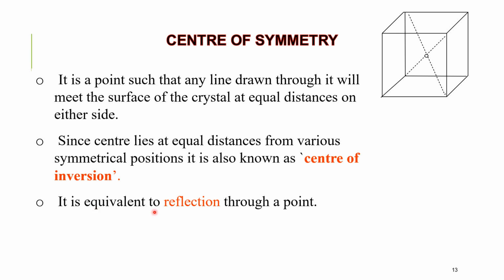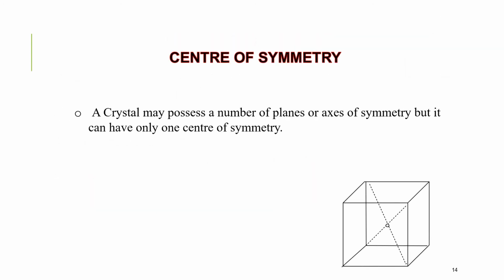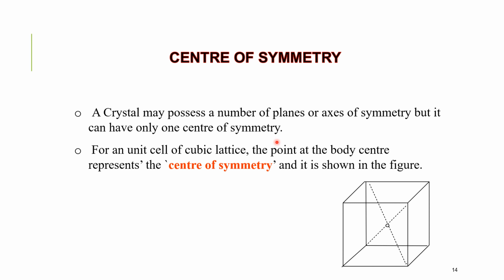It is equivalent to reflection through a point. A crystal may possess a number of planes or axes of symmetry, but it can have only one center of symmetry. For a unit cell of a cubic lattice, the point at the body center represents the center of symmetry, as shown in the figure.